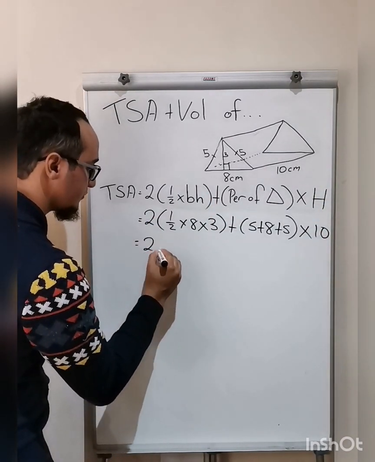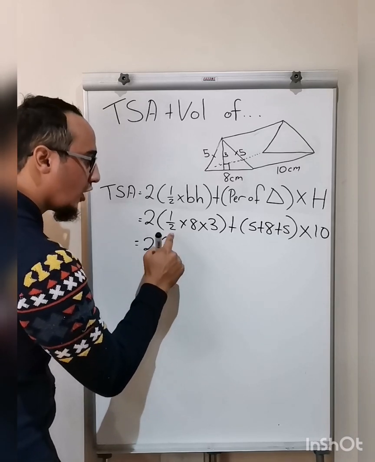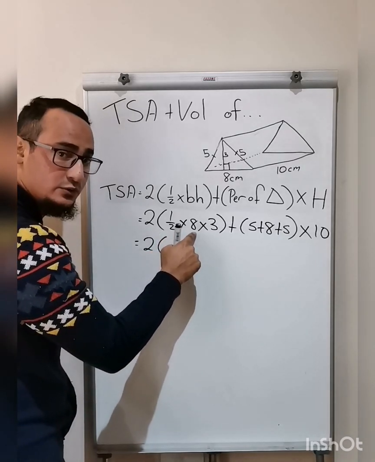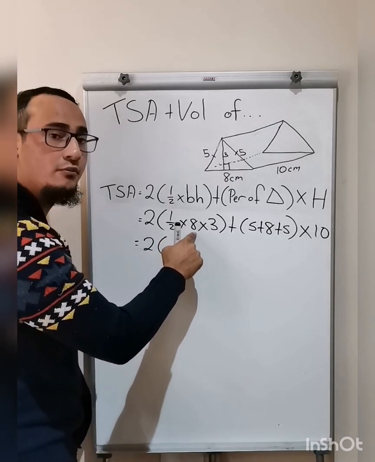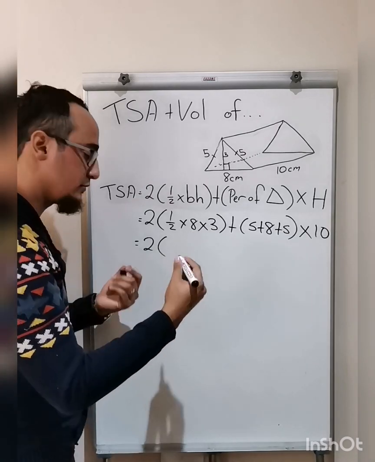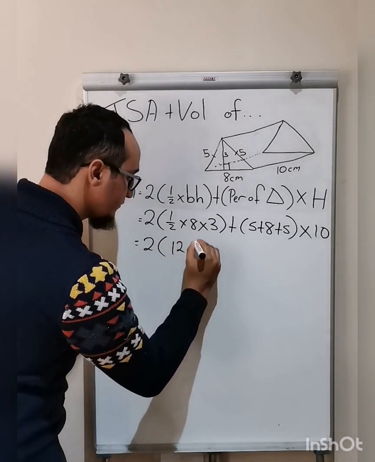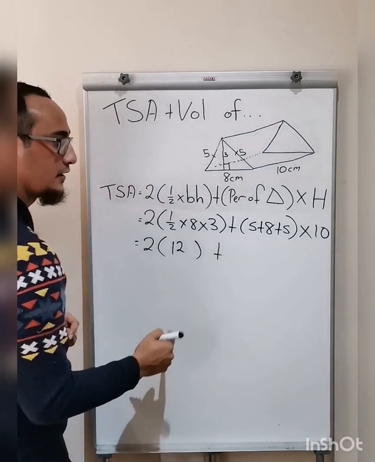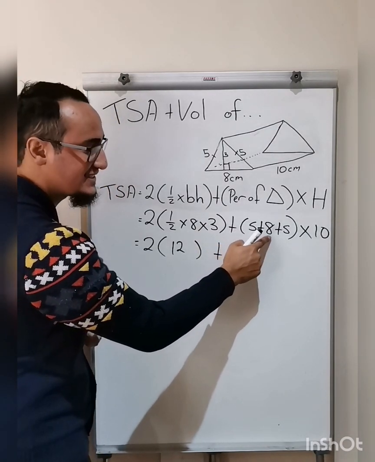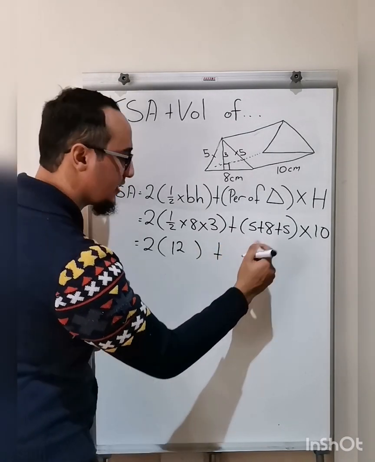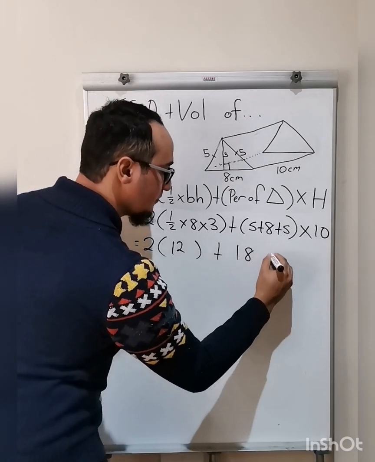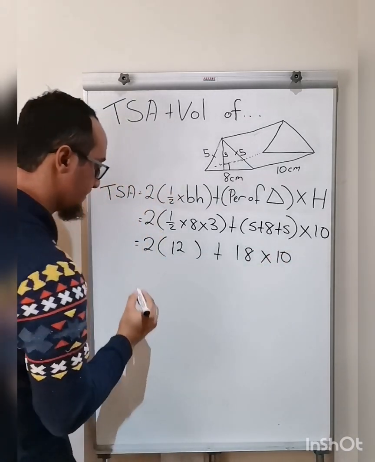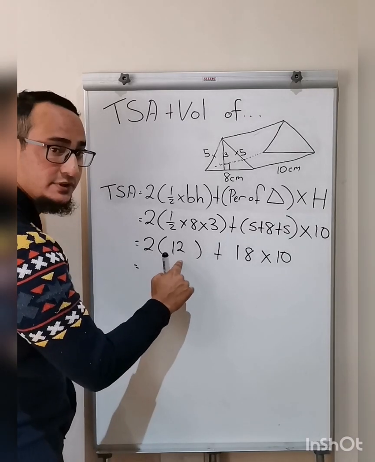So 2 multiplied by half of 8 is equal to 4, and 4 multiplied by 3 is equal to 12. Plus 5 plus 8 plus 5 is equal to 18 multiplied by 10. Brackets mean to multiply.